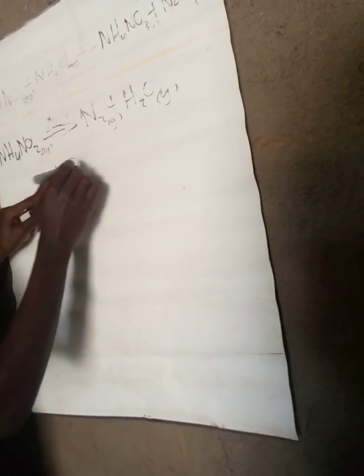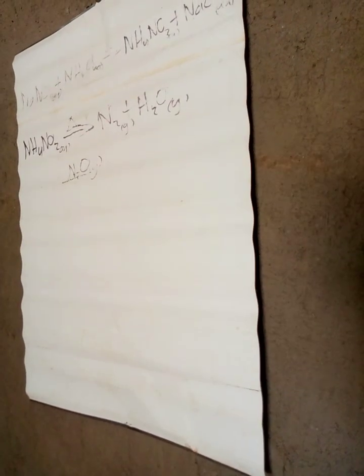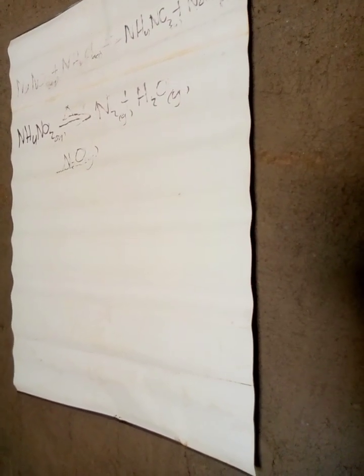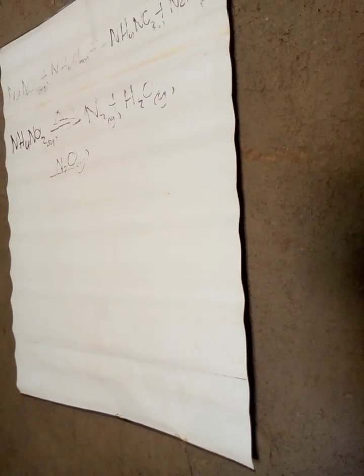Nitrogen 1 oxide is prepared by heating ammonium nitrate.